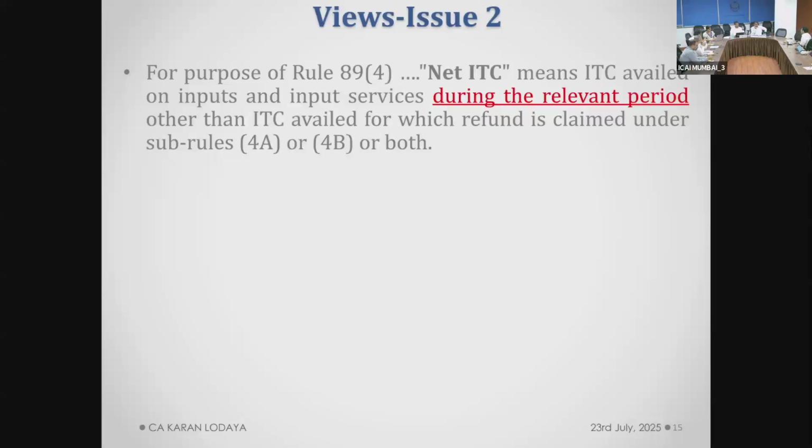So will you file a refund application for 22-23 or 23-24, or how will you file? Again, going by the definitive meaning, it will be only for that particular period, not for the earlier period. So if you see net ITC availed on input services during the relevant period, your relevant period is 23-24. So you will not get ITC during that relevant period.